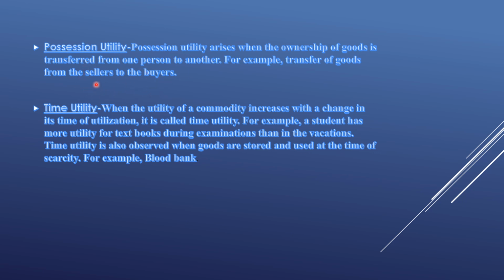The buyer. So now the ownership is with the buyer, and the buyer gets the benefit after consuming the vegetables. But the seller also has utility: when he sells the goods to the buyer, he gets money in return. That is the benefit he is getting. So basically, possession utility is the transfer of ownership.